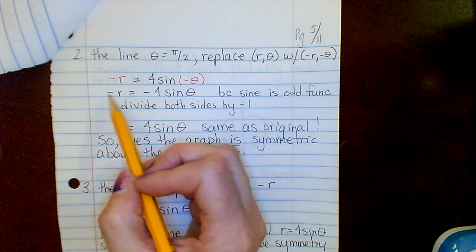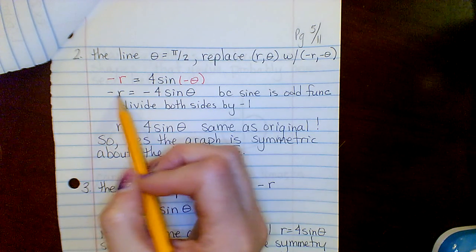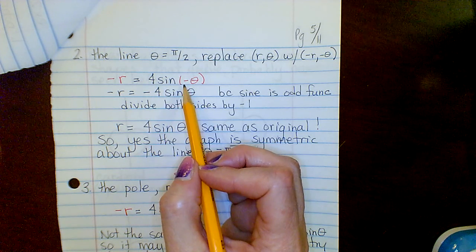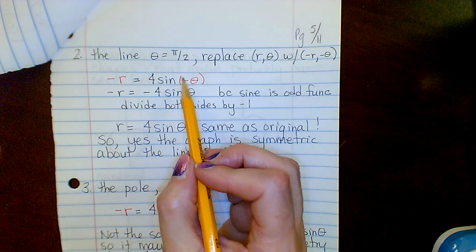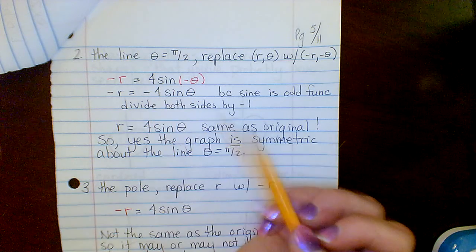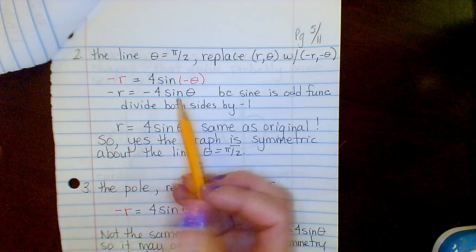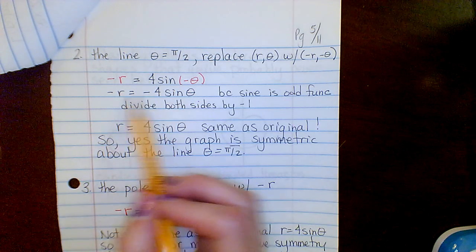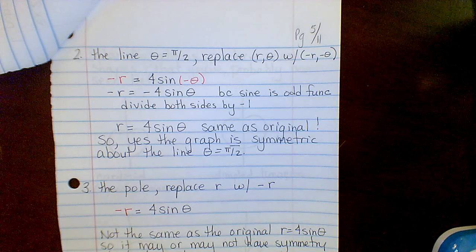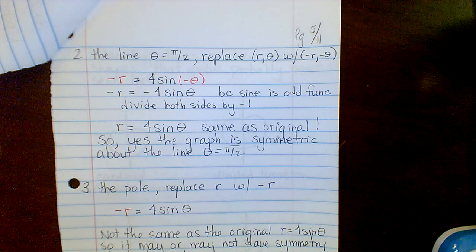Now if I do that, this just stays negative r. Remember how sine was an odd function? That means that the sine of negative theta is negative sine theta, so that negative comes out front. This time, though, we can divide both sides by negative 1, and look, we get the exact same equation as the original. So we're guaranteed symmetry about the line theta equals pi over 2.